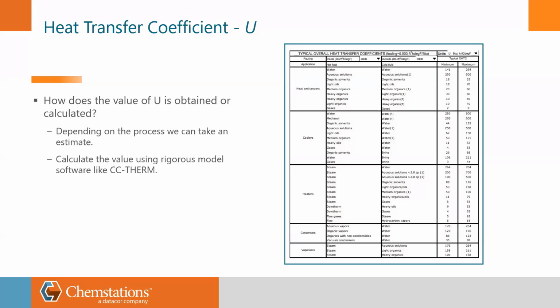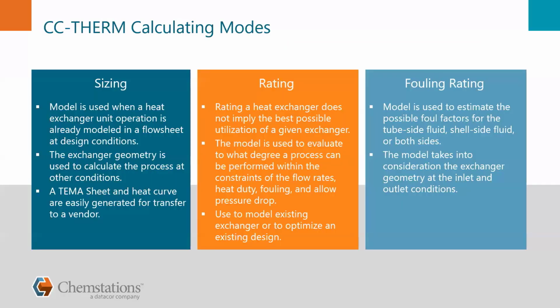So how do you do this better? Well, we can actually use CC-THERM to rigorously calculate this value for us based on the information that we have on the fluids coming into the heat exchanger and the geometry of the exchanger. So what are the models that CC-THERM uses to get all these values for us?